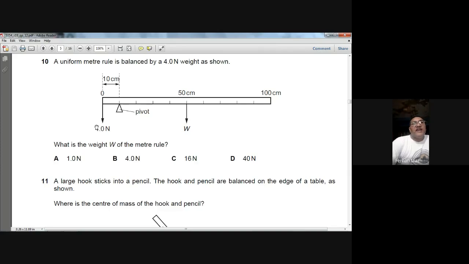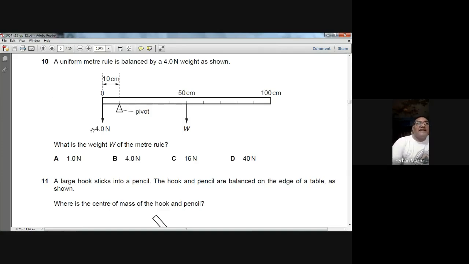This weight of 4 Newton is trying to produce a counterclockwise moment, or you call it an anti-clockwise moment. This weight of the ruler is trying to produce a clockwise moment about the pivot. Because this whole assembly is in balance, it means that the clockwise moment and the anti-clockwise moment are equal to each other.